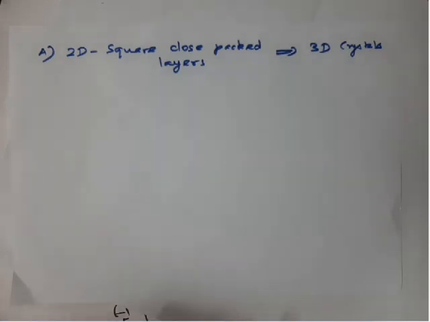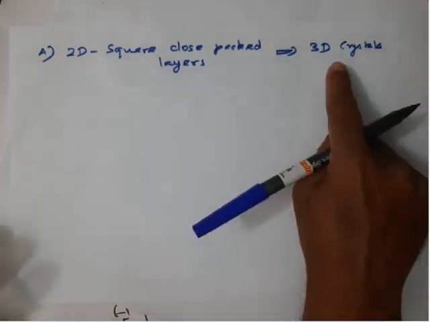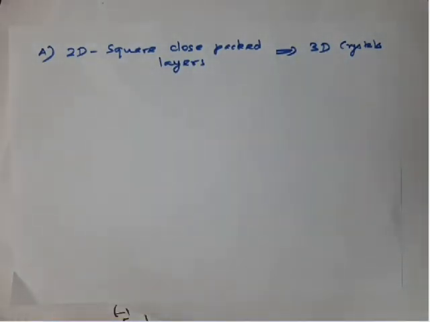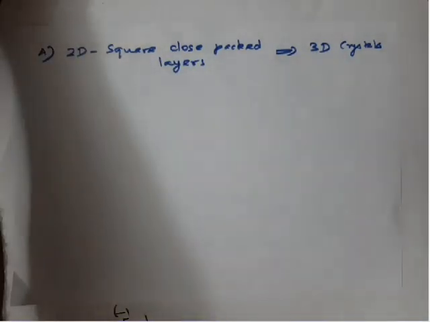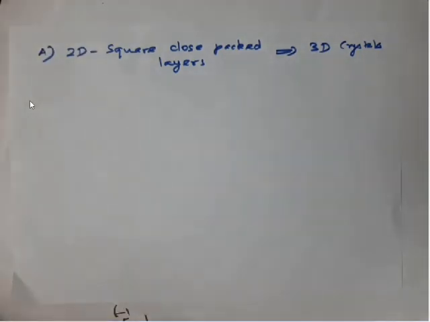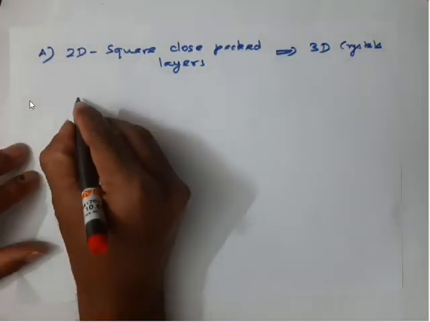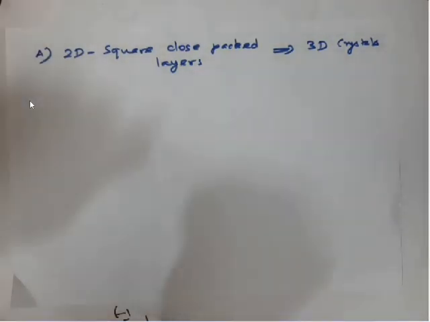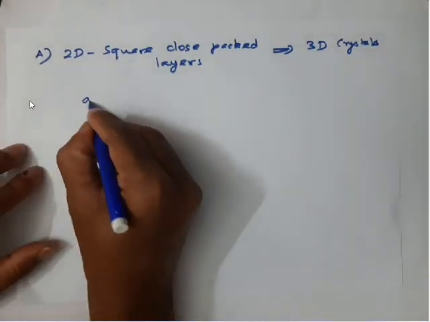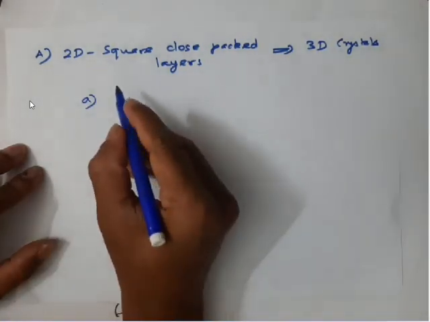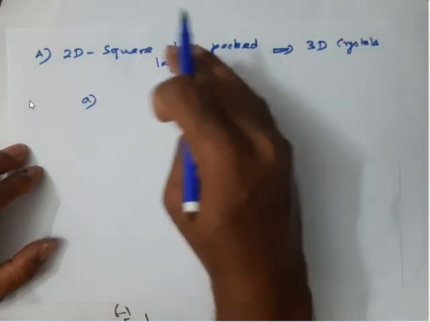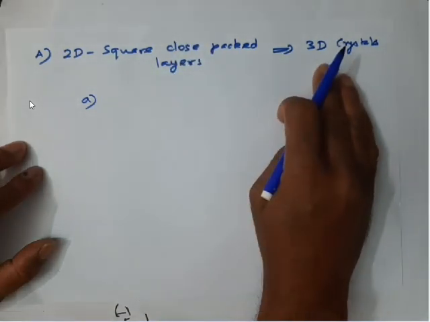So, how to construct three-dimensional crystals using two-dimensional square close packed layers. In the last class we discussed that if you arrange these layers one over another, you will get three-dimensional crystals, right?